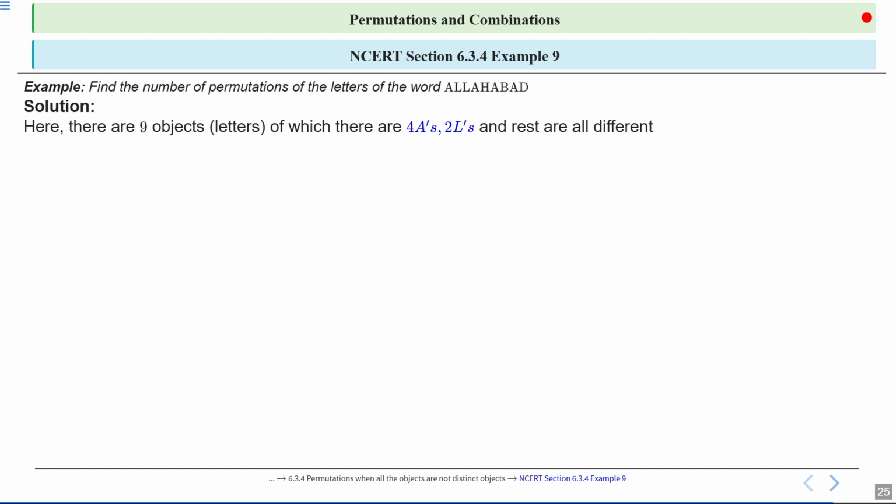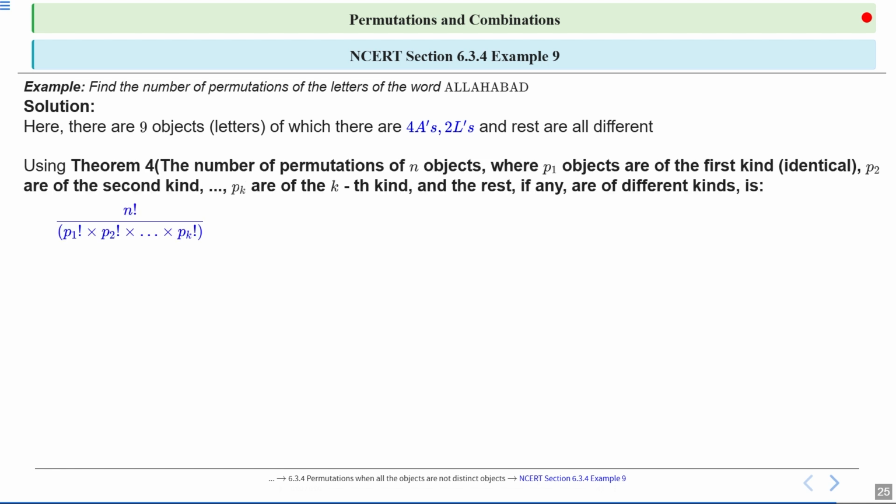So let's think about it. Okay, we have 4 A's, similar, identical. Okay, and 2 L's identical. Okay, so which theorem can you use here to find the number of permutations of the letters of the word Allahabad? Think about this. So here we use theorem 4.